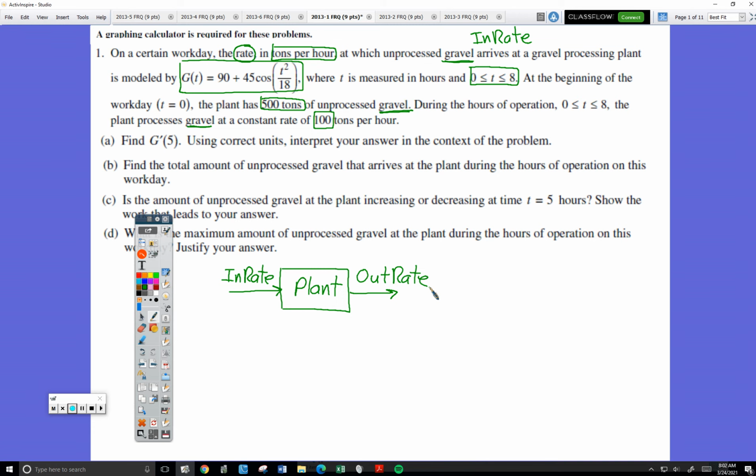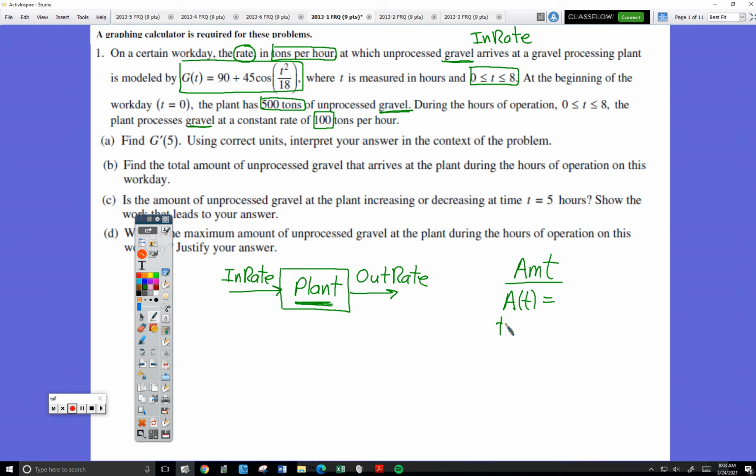That means we have a situation that occurs often on the AP test. You have an amount, which is the amount of gravel here in the plant before it's processed and then leaves the gravel. So that's the amount of gravel, A of T.